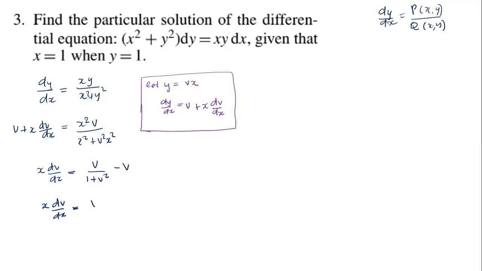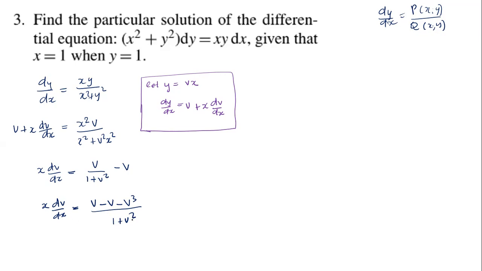I'm going to have v at the top. This multiplied by that will be negative v. This multiplied by that will be negative v to the power of 3, divided by 1 plus v to the power of 2. So this is how this side is going to look.